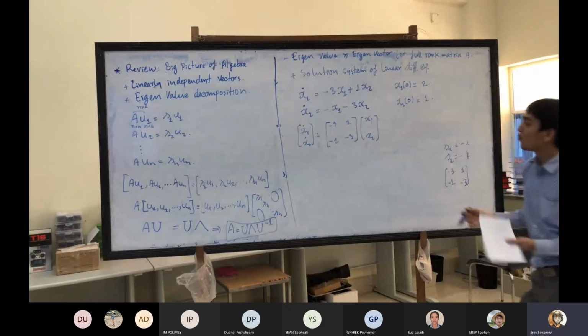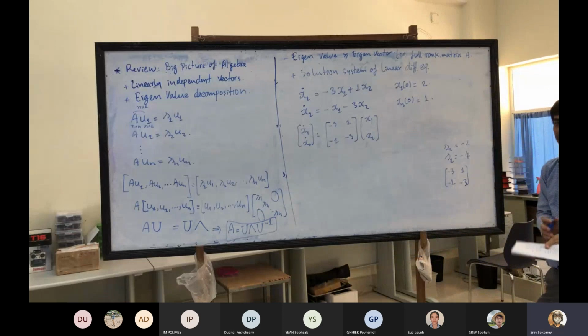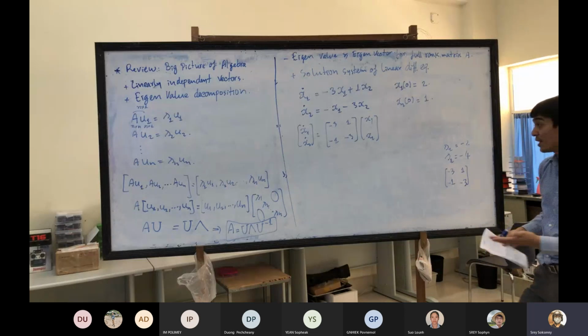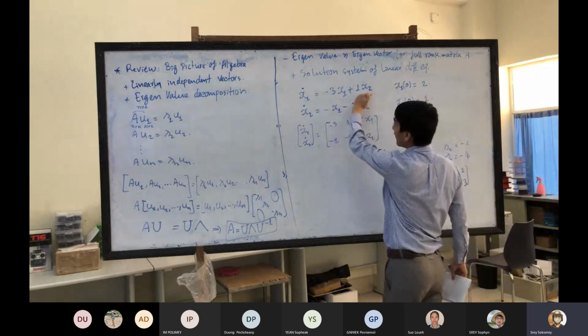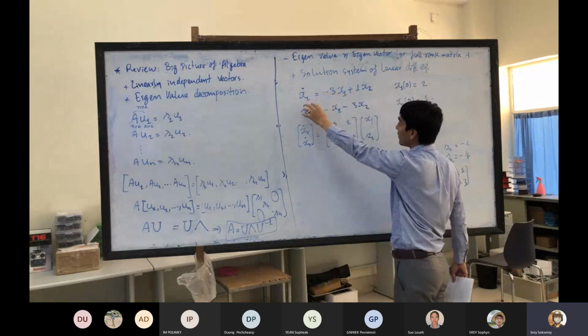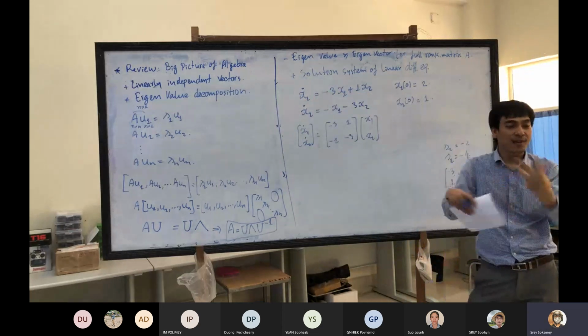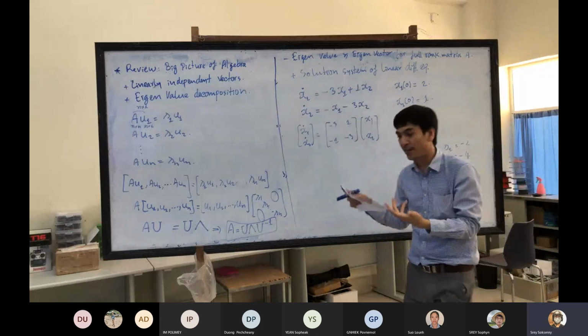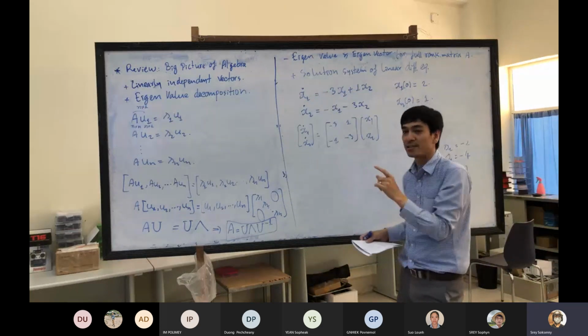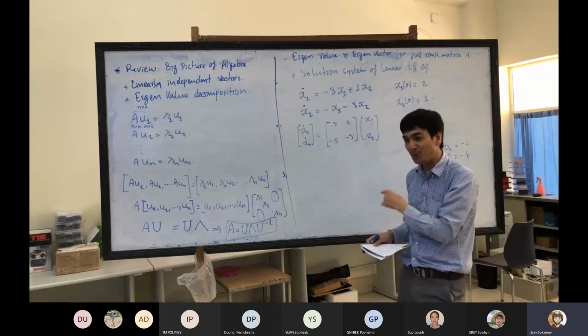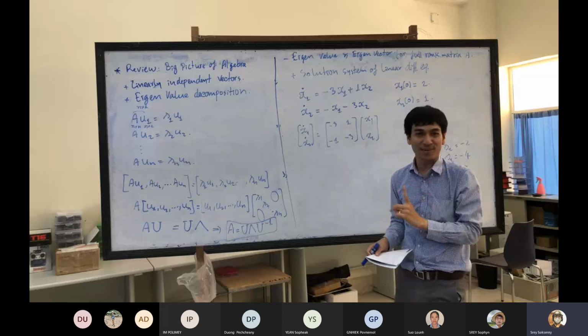Okay. So if you want to solve this equation, it's not easy because there are two variables, x1 and x2. What if we can separate them? We can have a way to separate that, so equation 1 has only one variable and equation 2 also has only one variable.